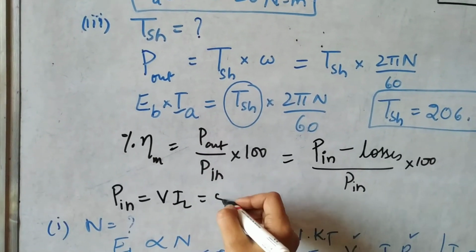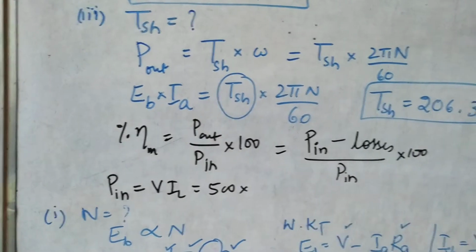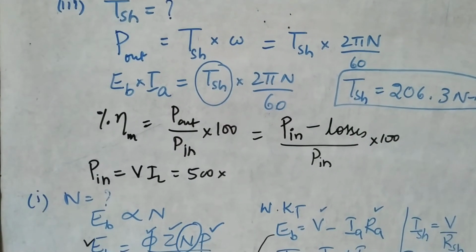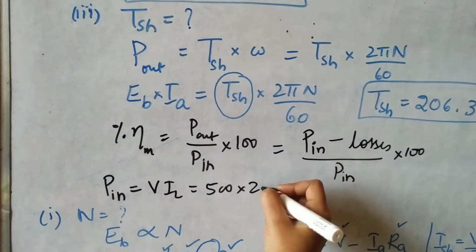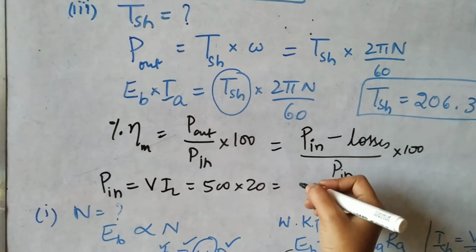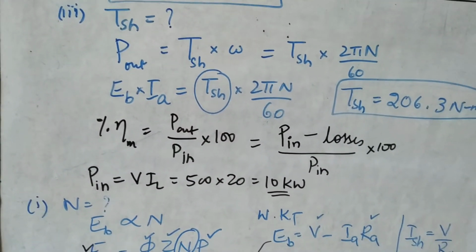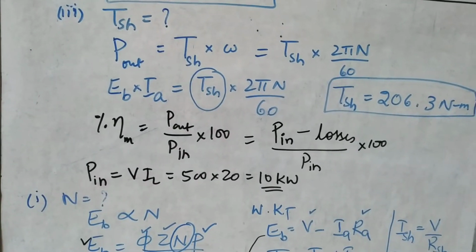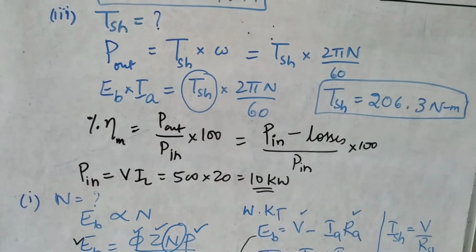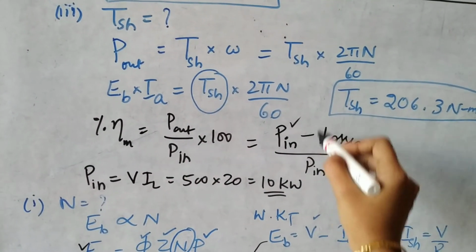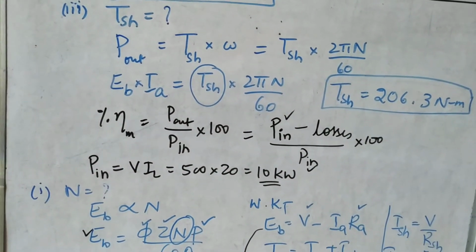So 500 multiplied by the line current, how much is it? They have given 20. So you will get the answer as almost 10 kilowatts, or 10,000 watts. Right? Now this is the input power. Now we have to determine all the losses.